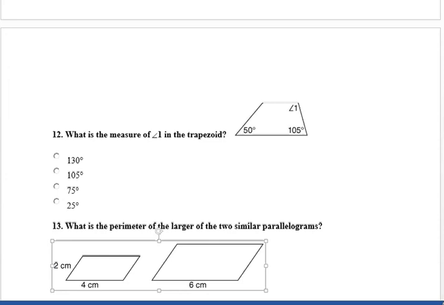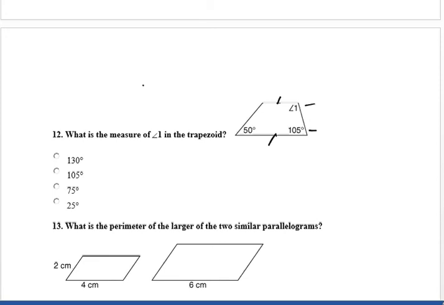With a trapezoid, I know this is parallel to this. Those two lines are parallel. That's a trapezoid, two parallels. And I don't know any relation between the opposite angles, but I know that this angle and this angle are supplementary. So they add up to 180.